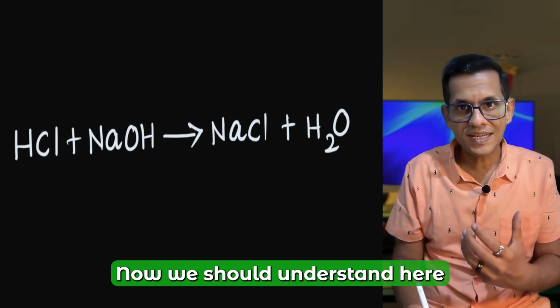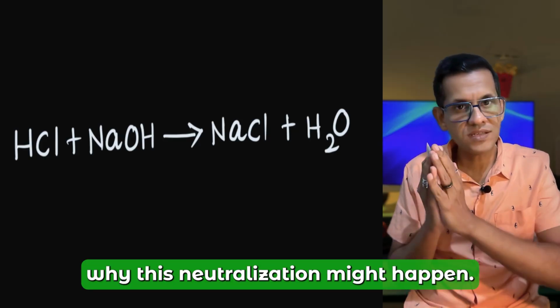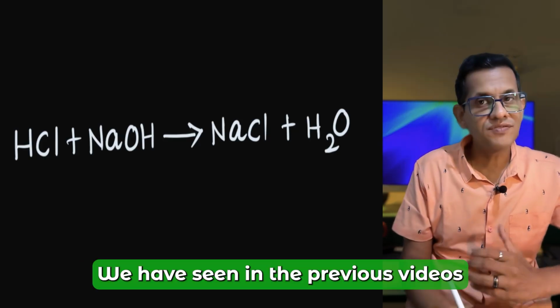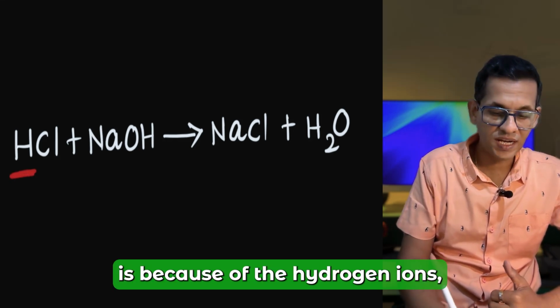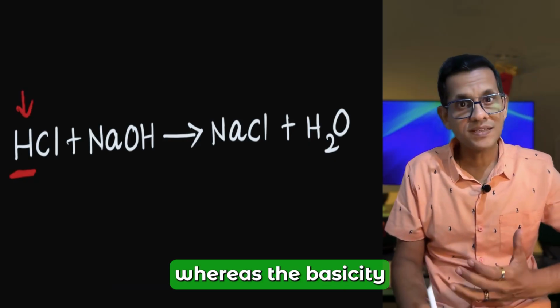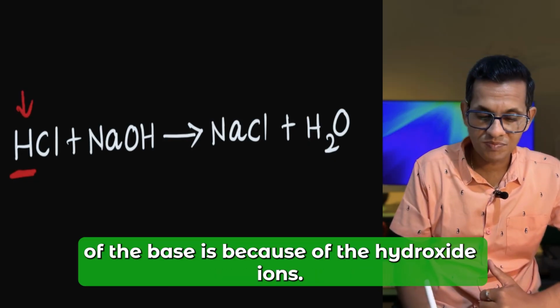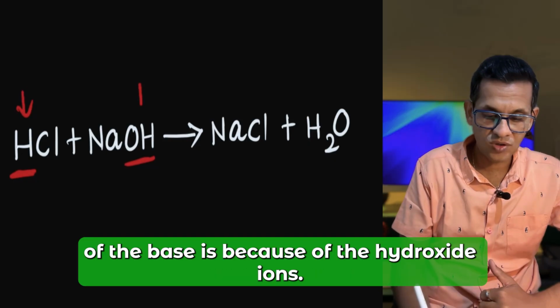Now we should understand why this neutralization might happen. We have seen in the previous videos that the acidity of the acids is because of the hydrogen ions, whereas the basicity of the base is because of the hydroxide ions.